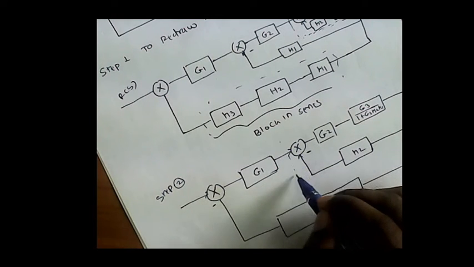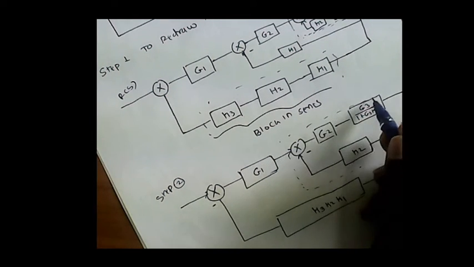Step 2, after solving this, now if you observe in step 2, we reduce this feedback loop, and these two blocks, this feedback loop is removed.